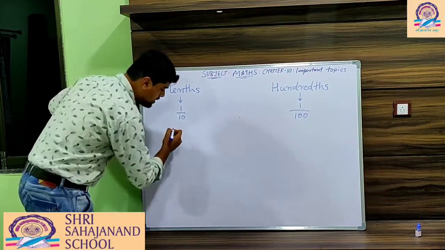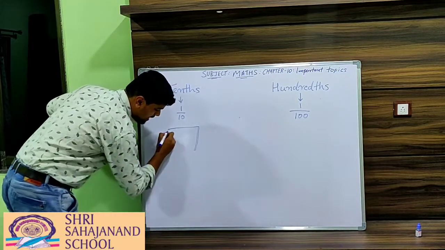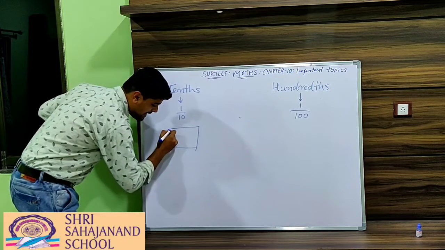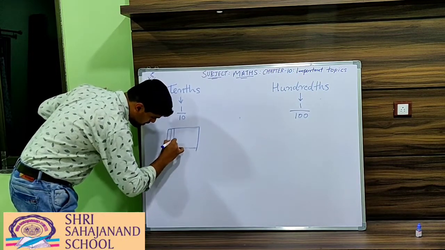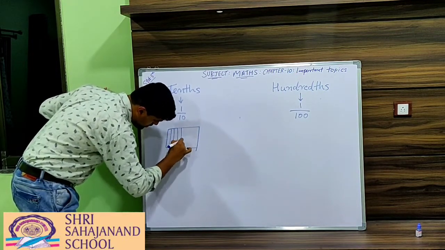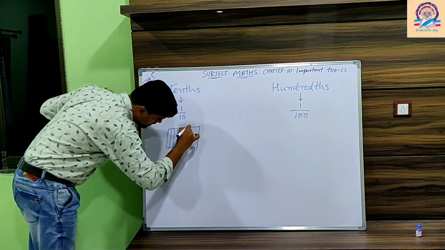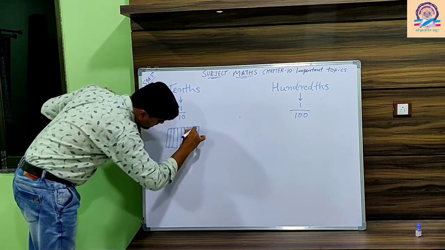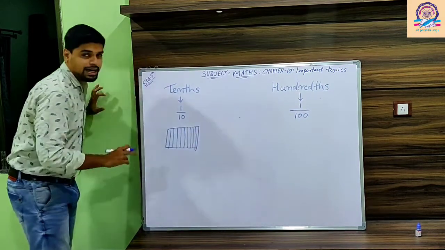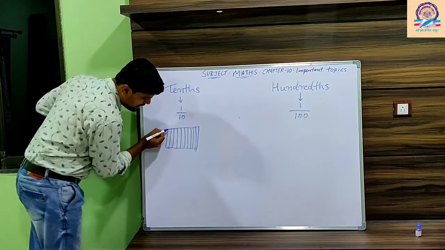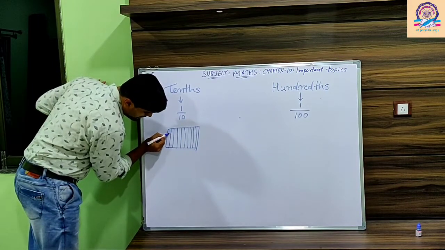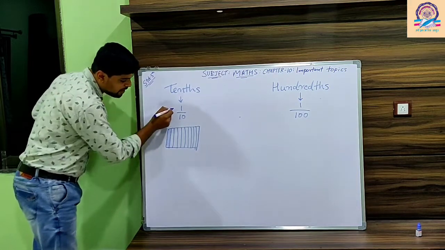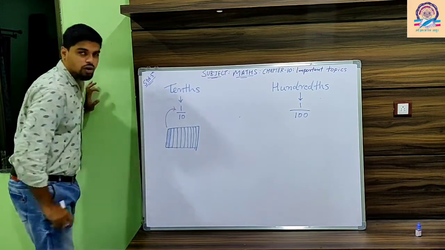What does it mean? It means if I take a whole, and if I make 10 equal parts, 1, 2, 3, 4, 5, 6, 7, 8, 9 and 10, and this one part of 10 is nothing but 1/10 of the whole.